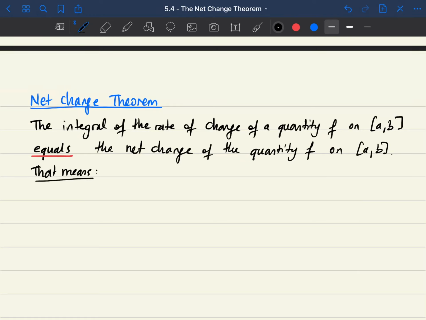This means that the integral of the derivative from a to b is equal to f of b minus f of a.